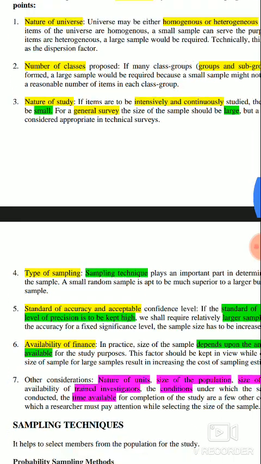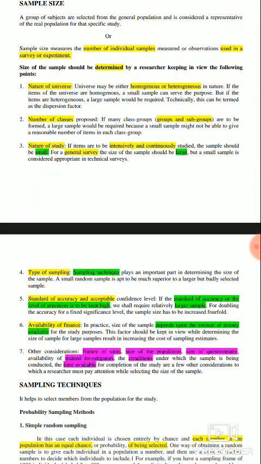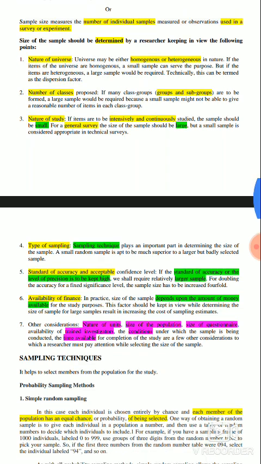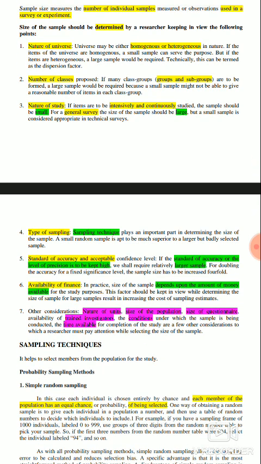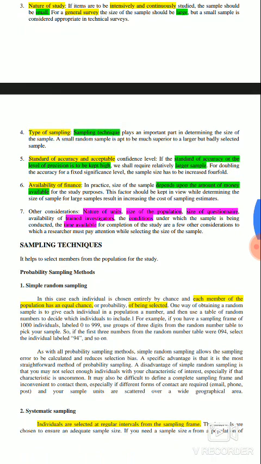Third, nature of the study. If the study is of a continuous nature, a researcher can choose a small number of respondents as a sample, or otherwise if it is of a general nature, they take more people as a sample. Fourth is sampling type, that means the techniques we use to draw a sample from the population.